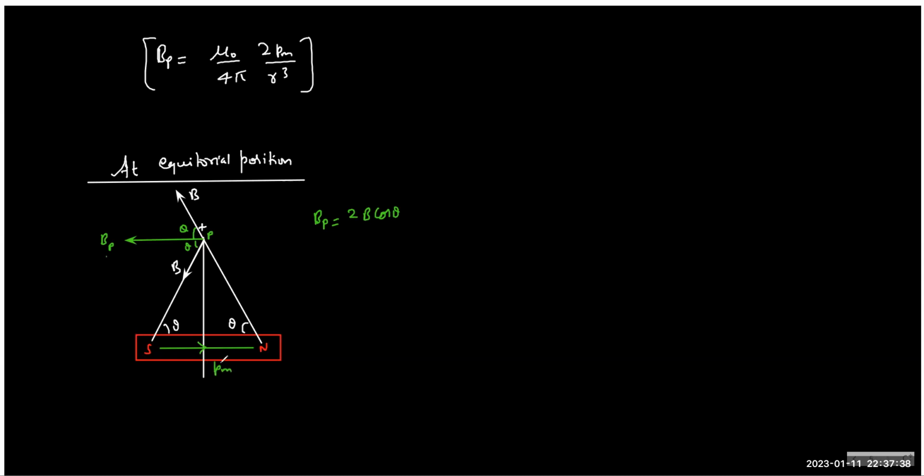And the BP vector is exactly opposite. And if you substitute the value of B, mu naught, and R square plus L square by 4 whole square is this much. And cos theta is how much?